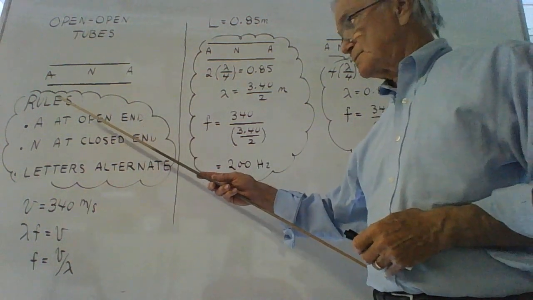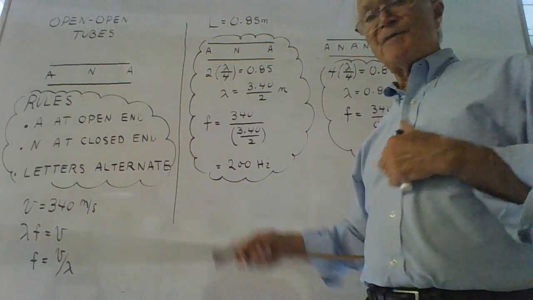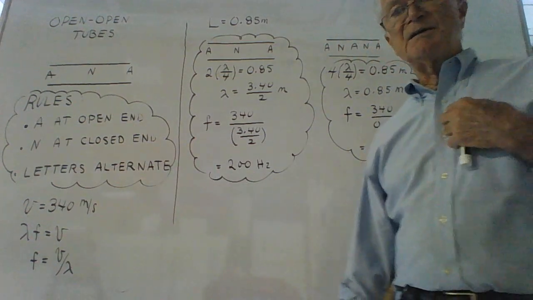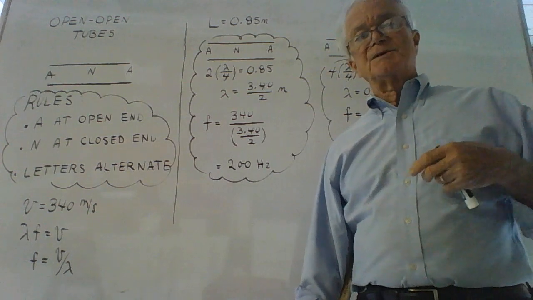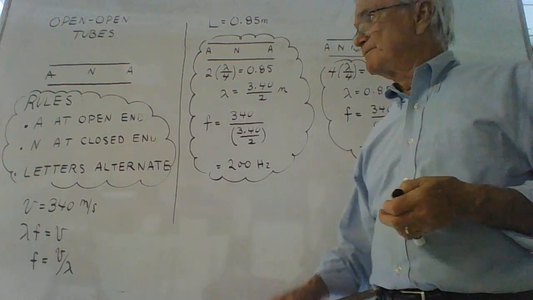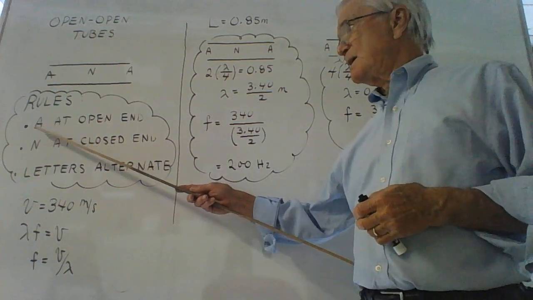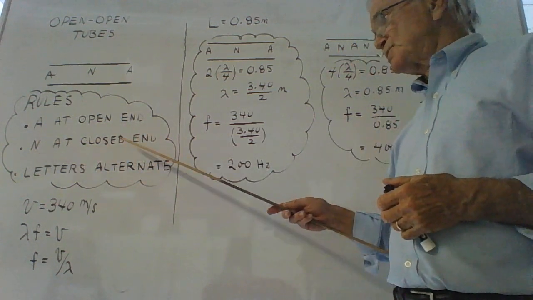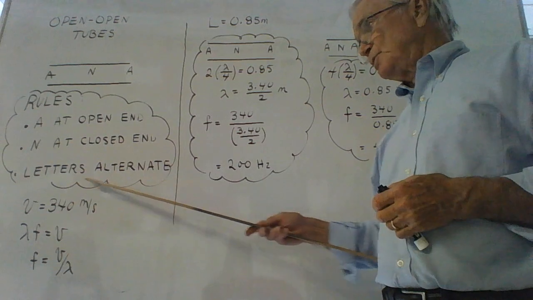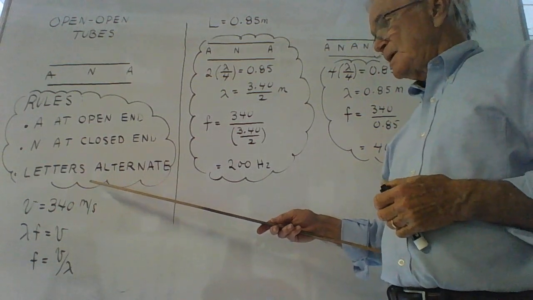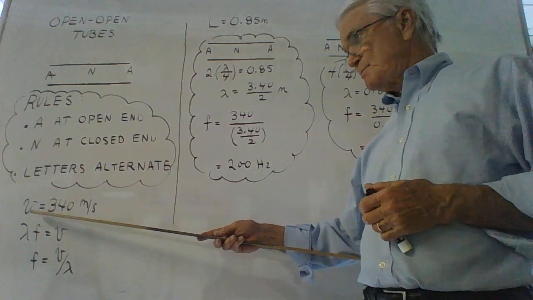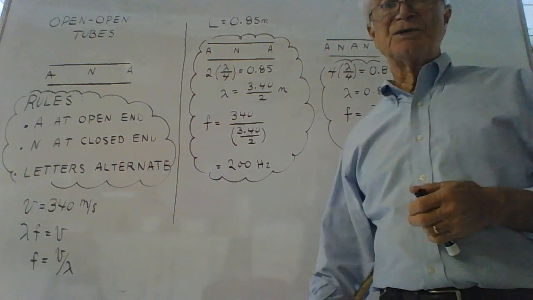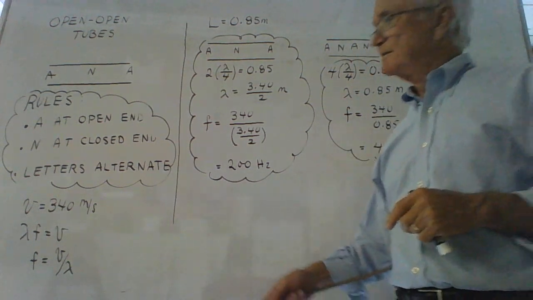So, to summarize, the rules that we follow for determining properties of sound wave resonances in tubes are these. You have an A, an antinode, at an open end, an N at a closed end, and the letters alternate. And for later use, we'll remind ourselves that the speed of sound is 340 meters per second.